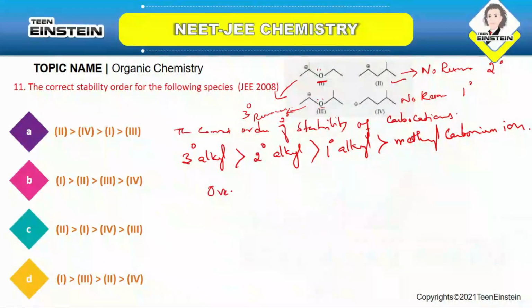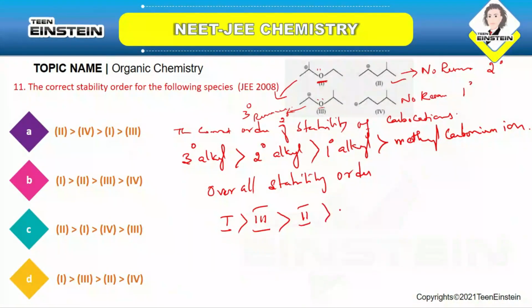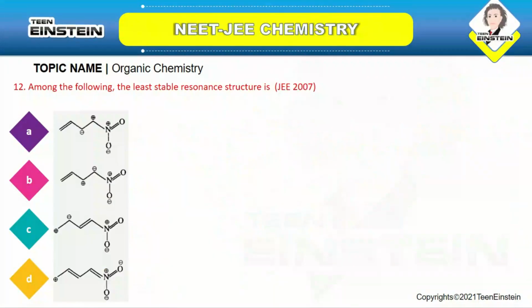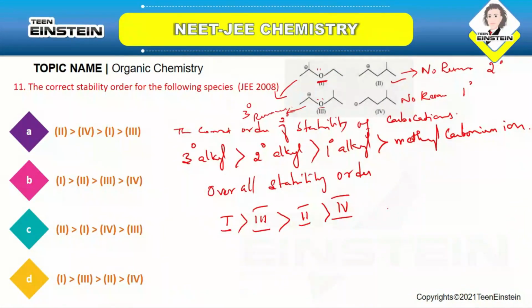So the overall stability order for the given compounds is first, third, second and fourth. So the correct option is option number D.